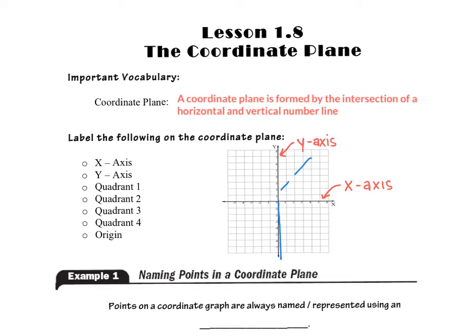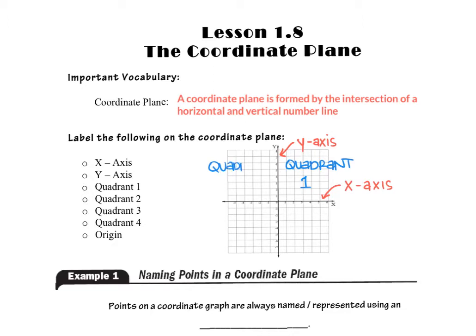All right, now when we have those two number lines, you can see that it divides our graph into 4 sections, and we call those quadrants. The prefix quad means 4, and so we number those quadrants. Quadrant 1 is where the two number lines are positive, and then we move counterclockwise to name the rest of them.